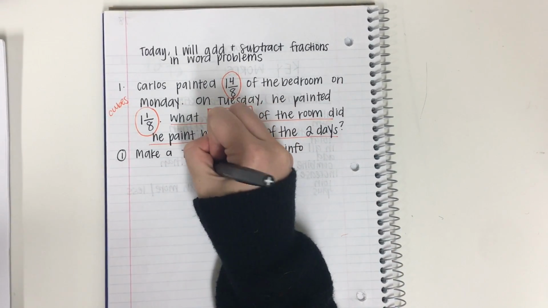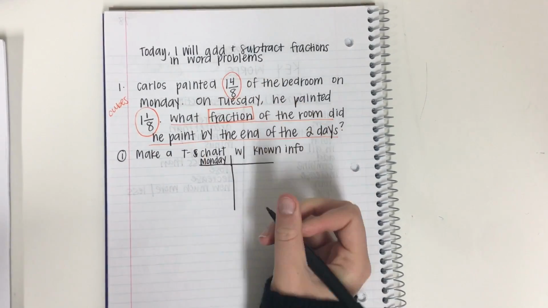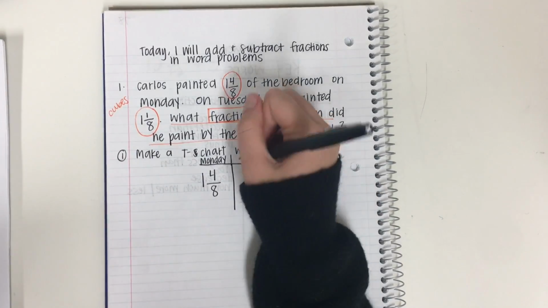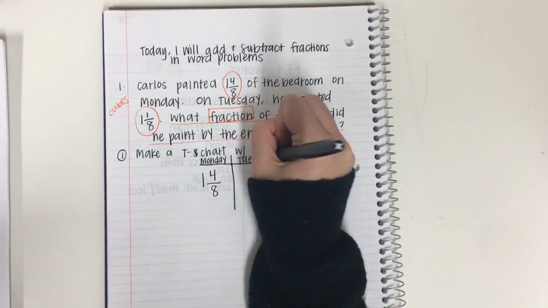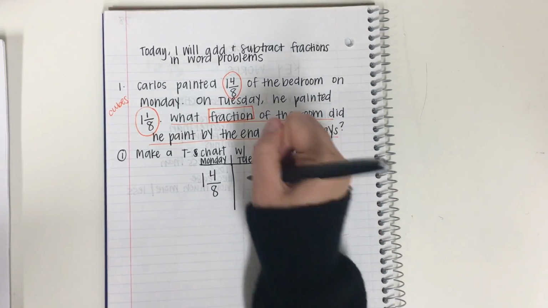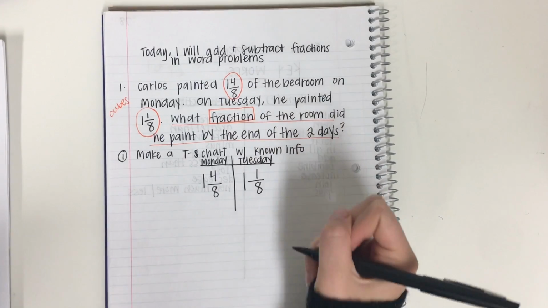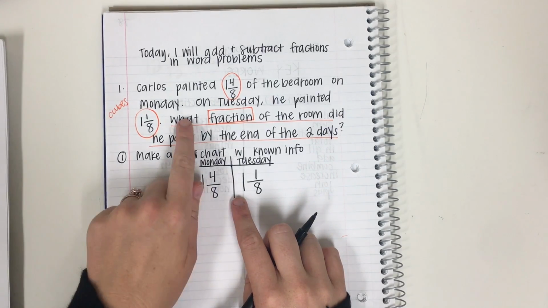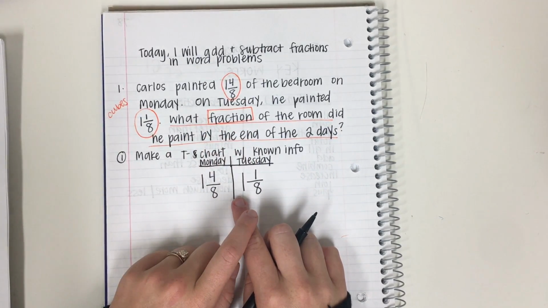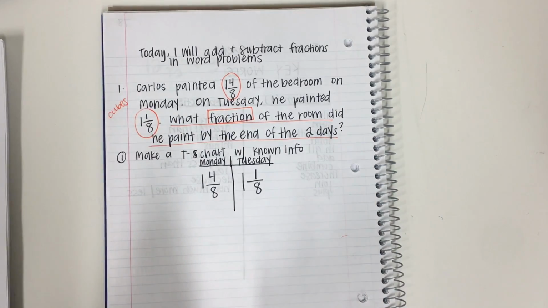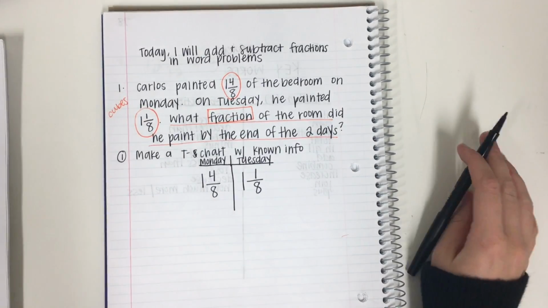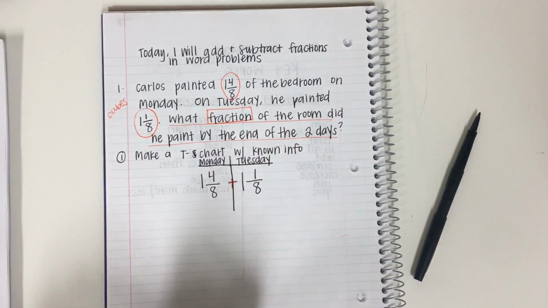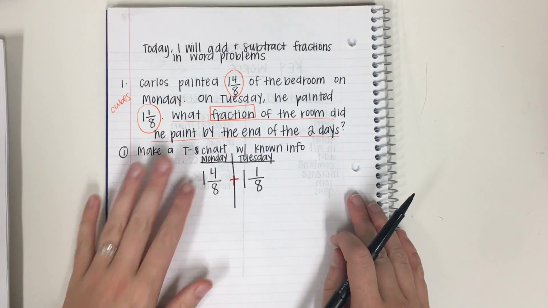On Monday, Carlos painted 1 4/8. On Tuesday, he painted 1 1/8. Then when we're here, we want to think, are these two numbers being added or subtracted? Well, let's see. What fraction of the room did he paint by the end of the 2 days? So they want you to combine both fractions and figure out by the end of the 2 days how much had he painted. So we are going to what? Add. So we're going to add these two together. That's step 1, just to figure out what you need to do.